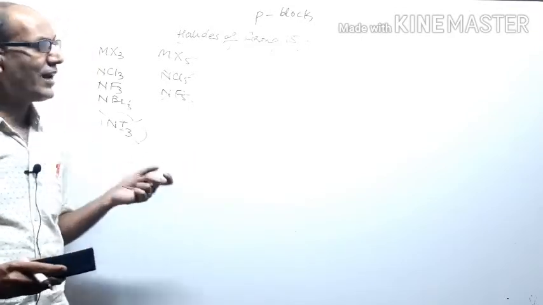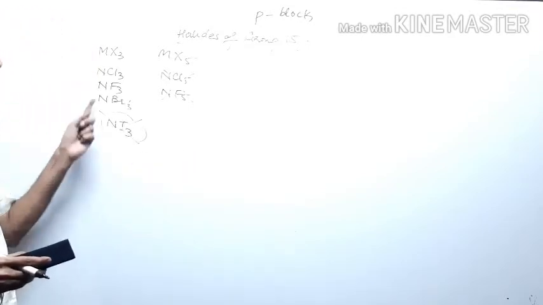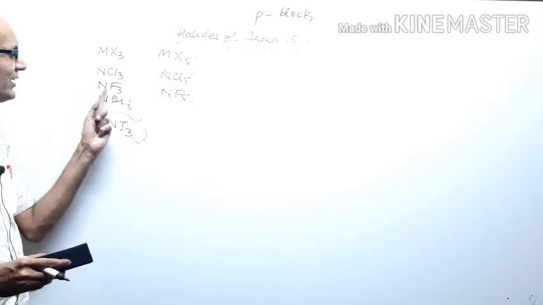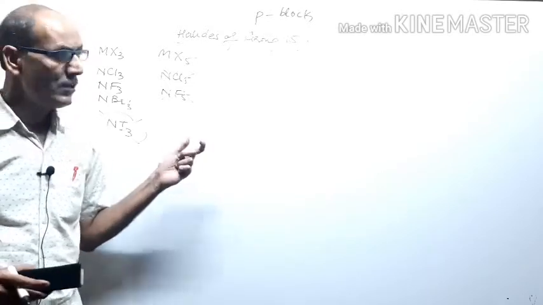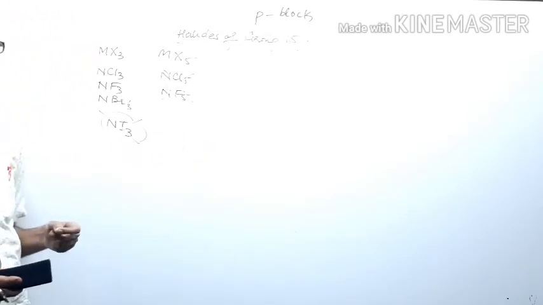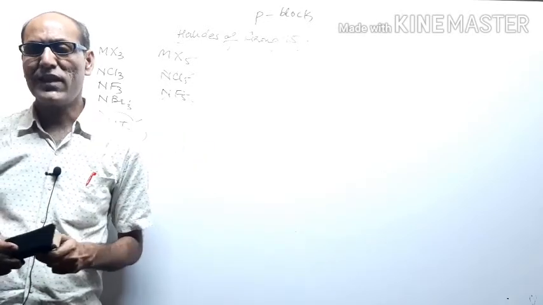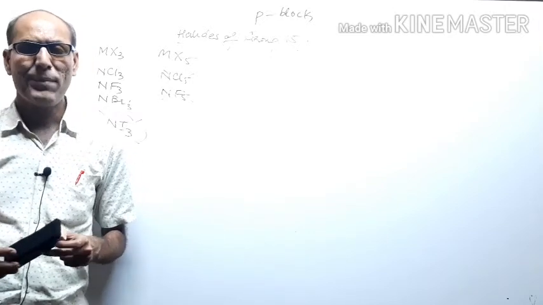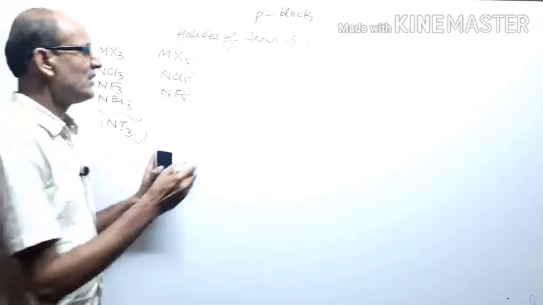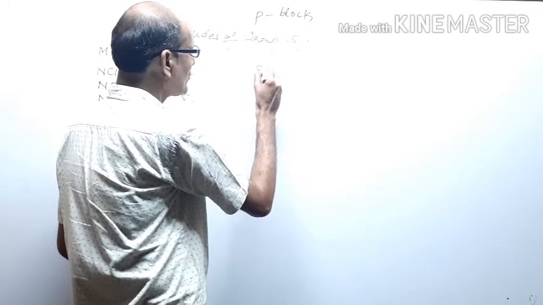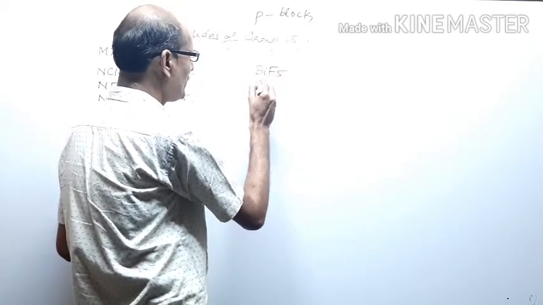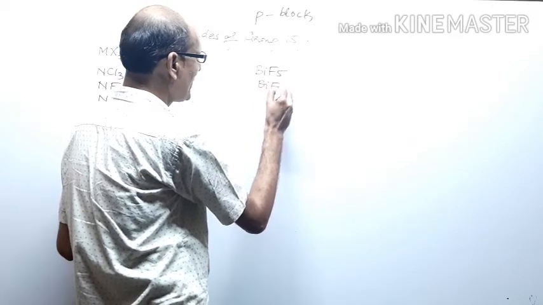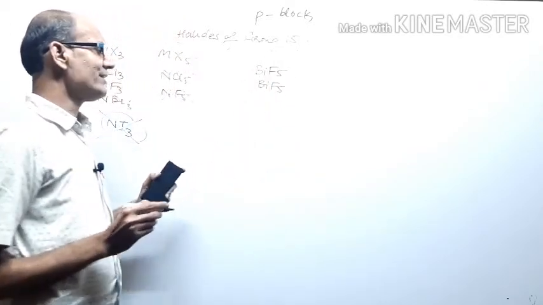The trihalides of nitrogen NCl3, NF3 and NBr3 exist. But dear student, all other elements form trihalides as well as pentahalides. Bismuth trifluoride also does not exist. Bismuth trifluoride and bismuth pentafluoride do not exist.